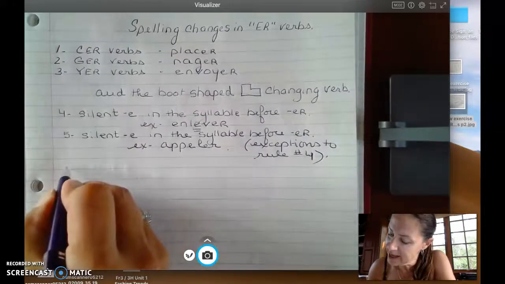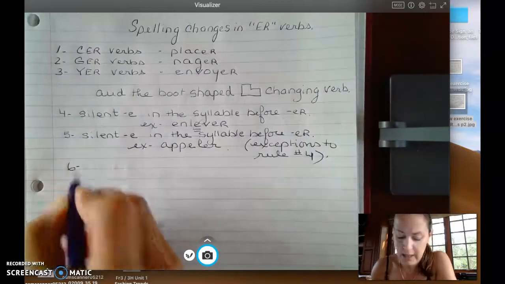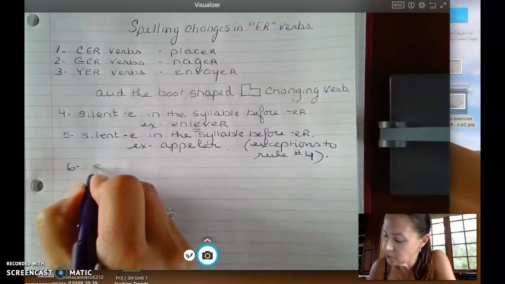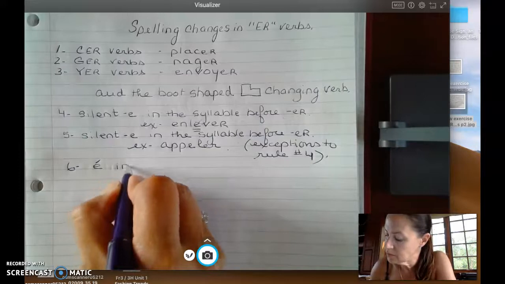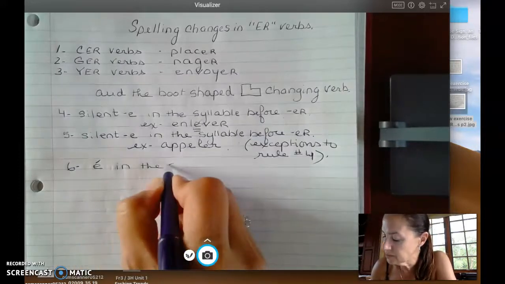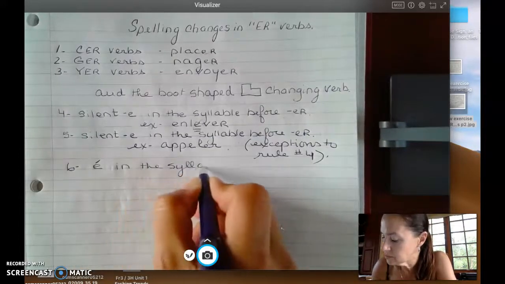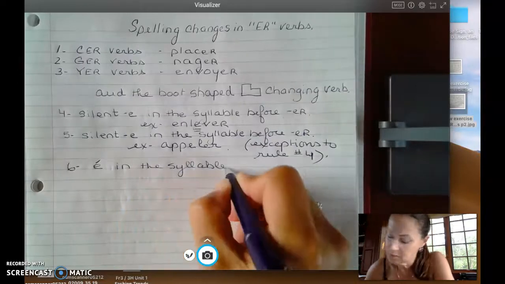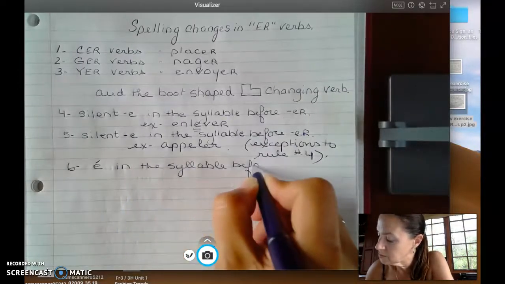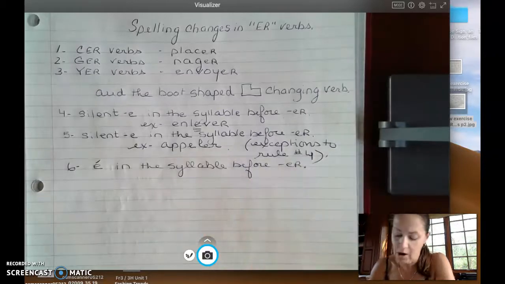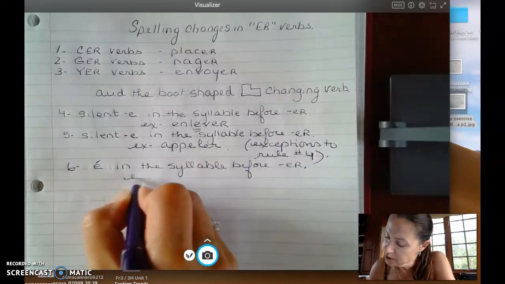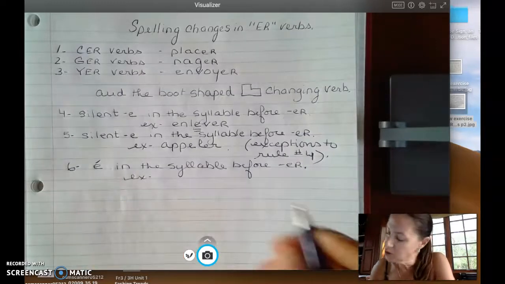And then the last category is going to be E accent aigu in the syllable before ER. Here's another example for that one.